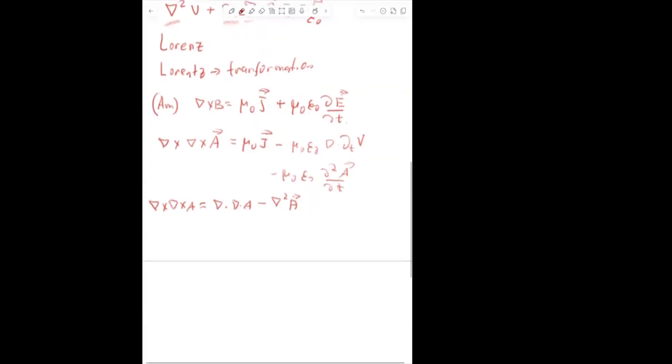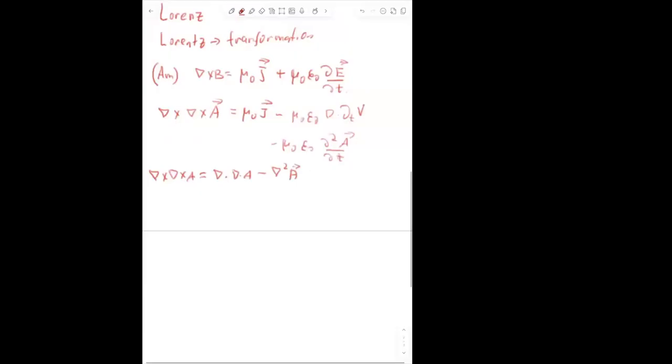So if we tidy things up, I move the J to the other side of the equation. So it's minus mu0 J, which is the source term. This is equal to the Laplacian of A minus mu0 epsilon 0 times the second derivative with respect to time, still of A, minus this term that comes from here, which is the following: grad of (div A plus mu0 epsilon 0 dV/dt).